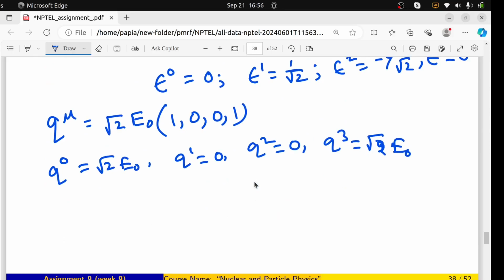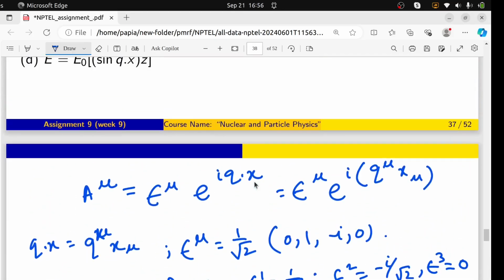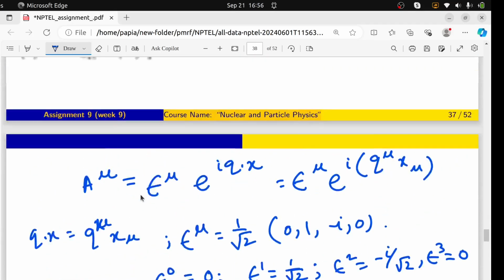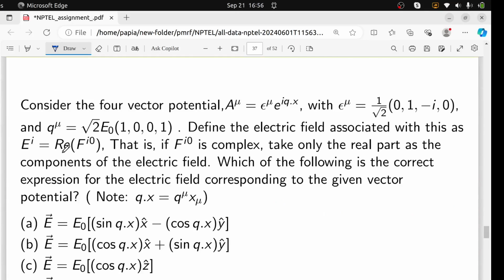Now, what are they asking? They are asking what will be the expression for the electric field. So how to calculate the electric field? The electric field is the real part of Fi0. So if we can calculate the value of Fi0, the real part of Fi0 will give the value of Ei.